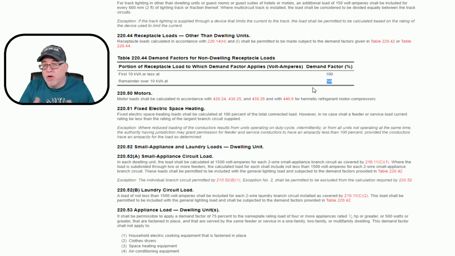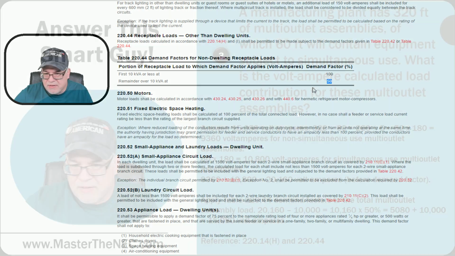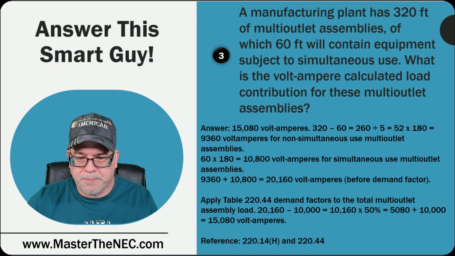Now, if in the real world you don't want to apply these demand factors and you want to take that full VA value and use it in your load calc, go for it. But you get this permitted use. And we're all trying to reduce the size of our services, because that reduces the cost, the size of wire, and all this type of stuff. So let's go back to the presentation and see how this works out.